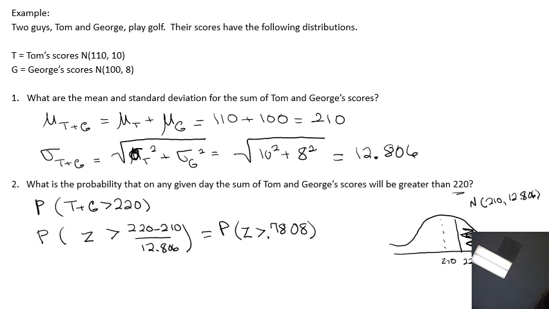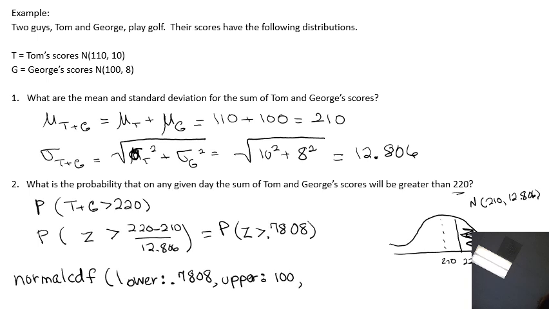Then I have my z-score and I'm looking for the probability, so I need to use my normal CDF function, my calculator. I'm looking for my z-value to be greater than 0.7808, so I want my lower boundary to be 0.7808. I want my upper boundary to be, say, 100. My mean for my z-scores is always 0, and my standard deviation for my z-scores is always 1.